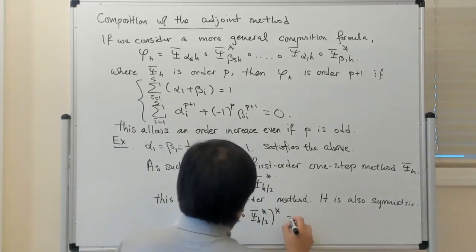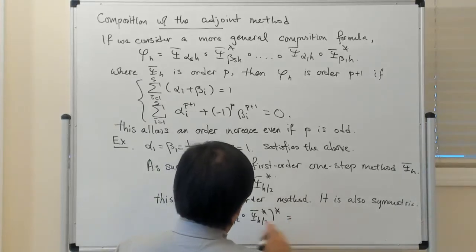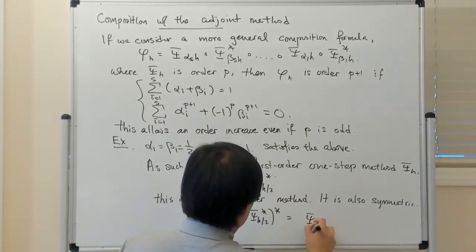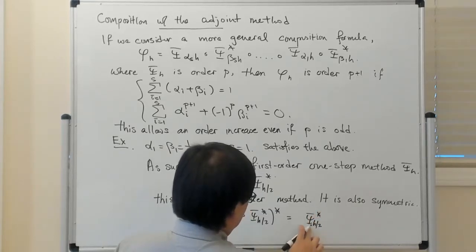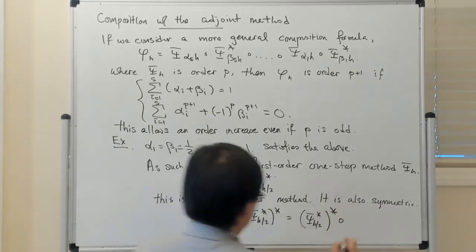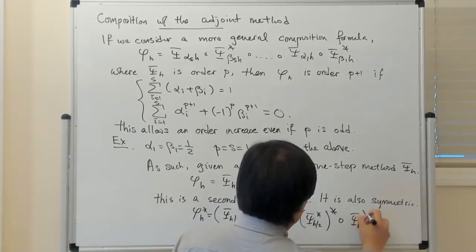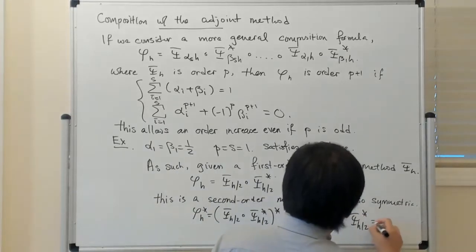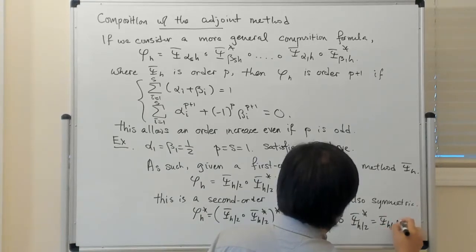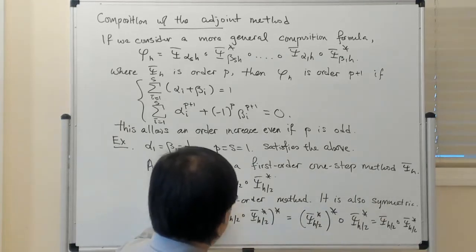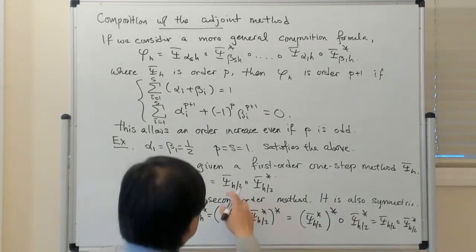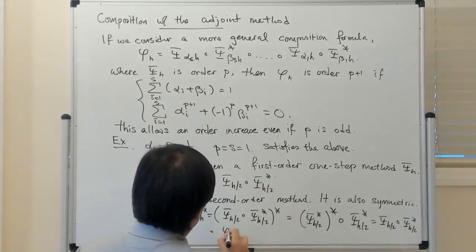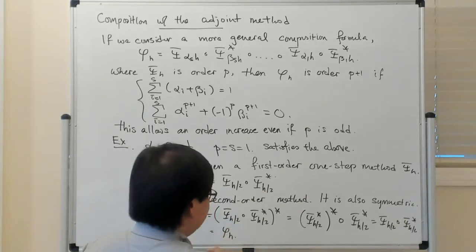So now you have phi h over 2 adjoint, but then you take the adjoint again, composed with phi h over 2 adjoint. But the adjoint of the adjoint is itself. So this is just phi h over 2 composed with phi h over 2 star, which is the method itself. So it's easy to convince yourself that this method is self-adjoint or symmetric.